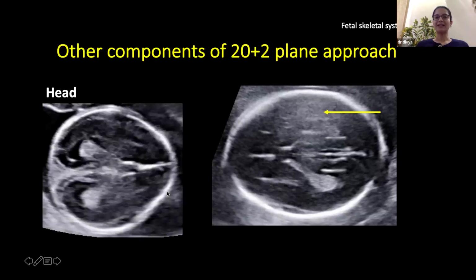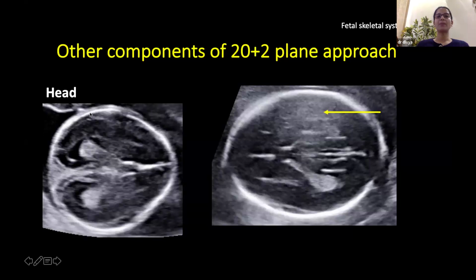Now just have a look at this skull for a contrast. First, if you eyeball this head, you would appreciate that the shape of the head is not rugby, it's kind of roundish. And if we were to measure the cephalic index, it was more than 85. So this was a brachycephalic skull. And note now how you can see the normal non-dependent part of the brain next to the transducer.